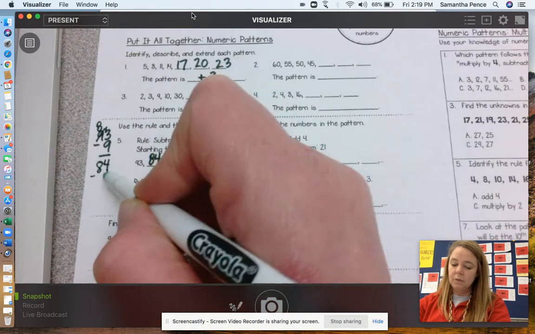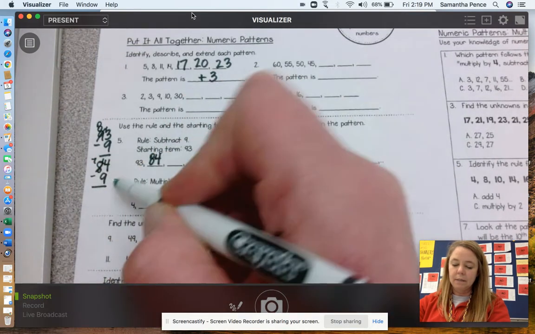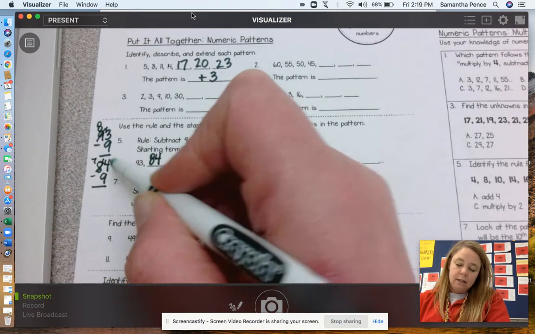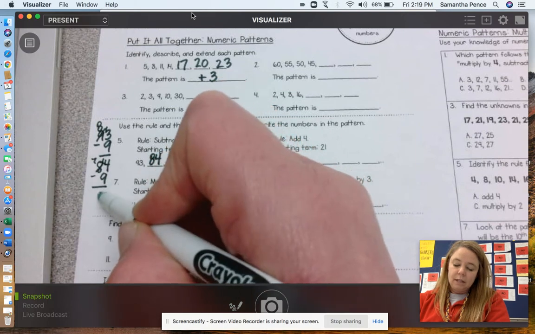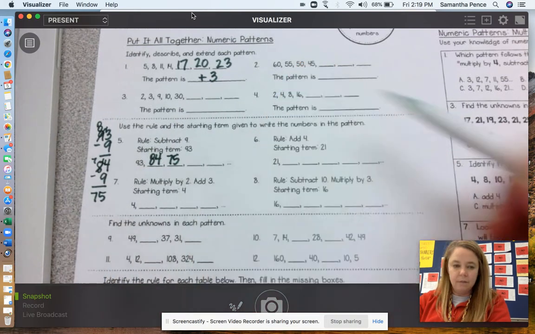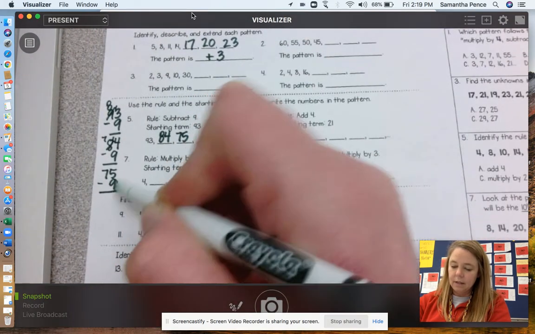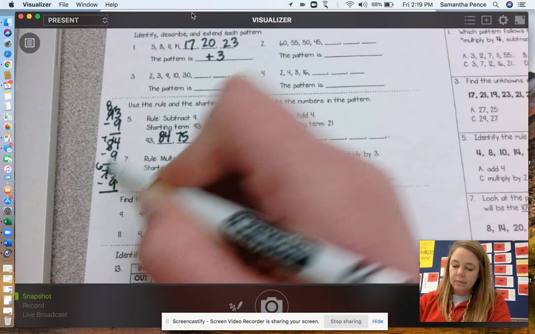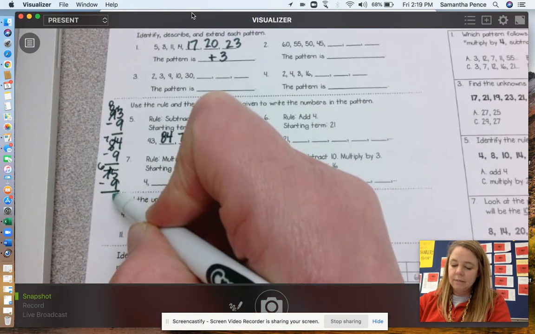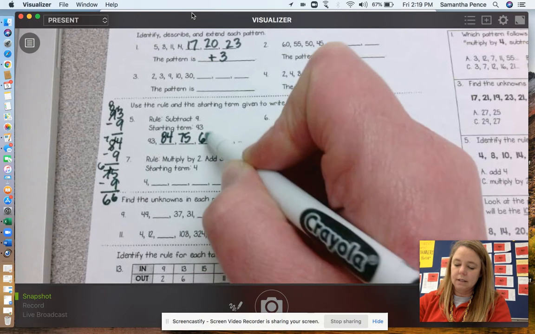I'm going to take 84 and I'm going to subtract 9 again because that's our rule. Do some regrouping. 14 minus 9 is 5. 7 minus nothing is 7. 75. We're going to need to do it again. Regroup. 15 minus 9. 6. 6 minus nothing is 6. 66.